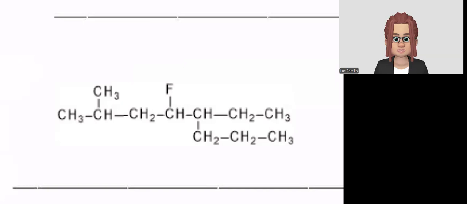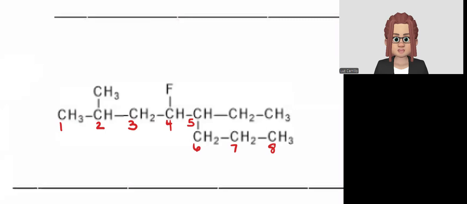The first thing that you need to identify is the longest continuous chain of carbon atoms. For this molecule, you have 1, 2, 3, 4, 5, 6, 7, 8 carbons in a row.